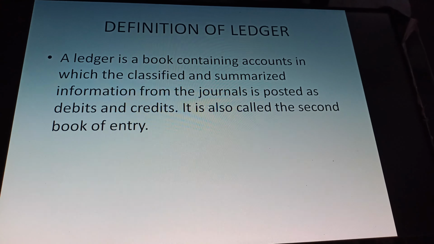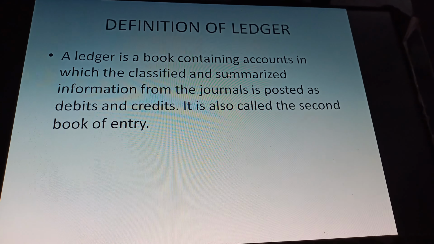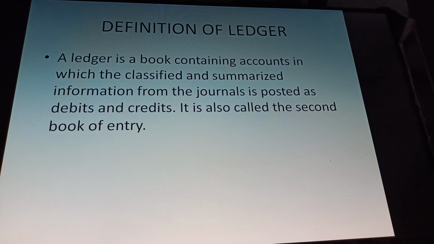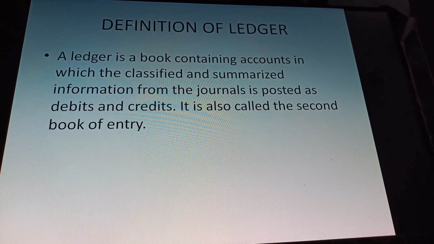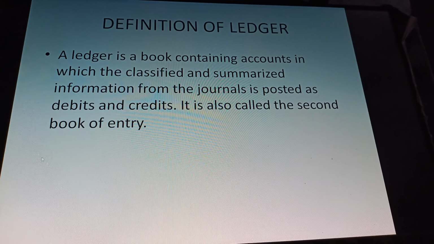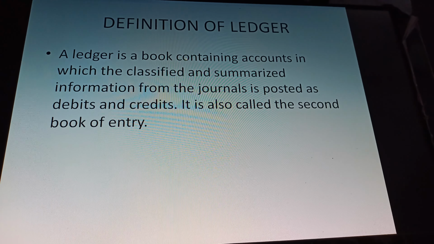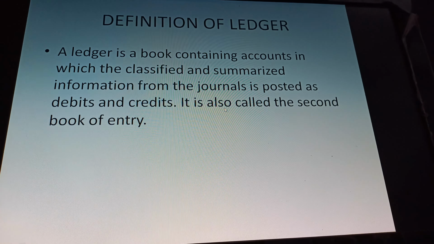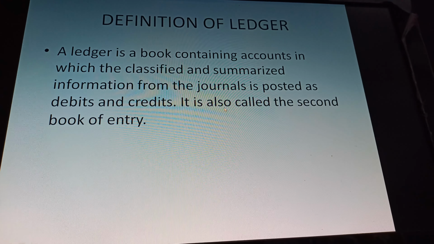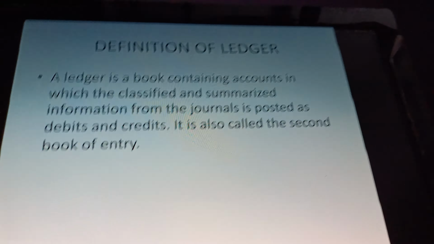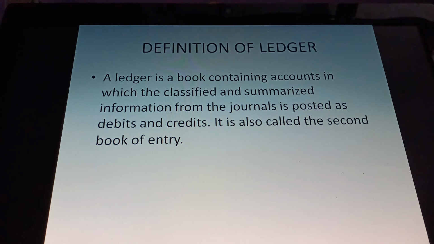It is also called the second book of entry. Okay, whatever entries we are posting in the journal, we will maintain a separate account and post them in that book, which is called the ledger. Whatever entries we are passing, for each of them we will prepare a separate account called a ledger.